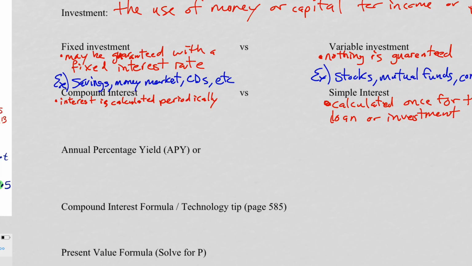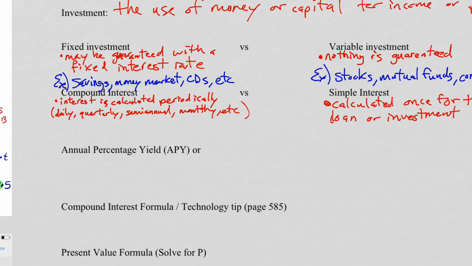It could be daily. It could be quarterly, which is 4 times a year, semi-annually, monthly, etc. So that's what we mean by periodically. It could occur more than once a year.